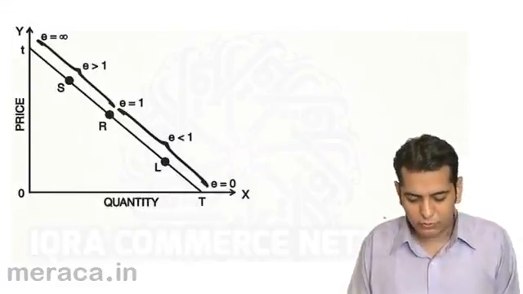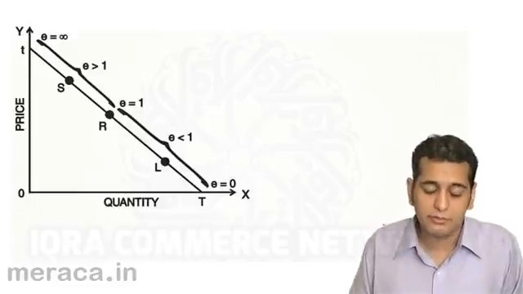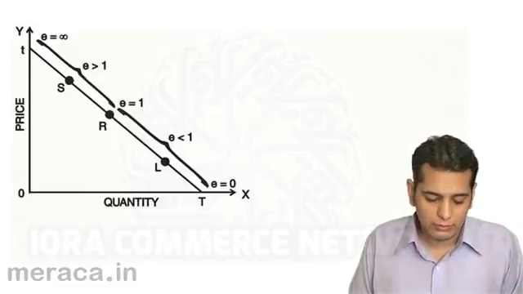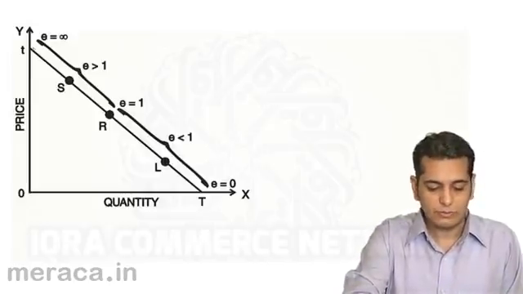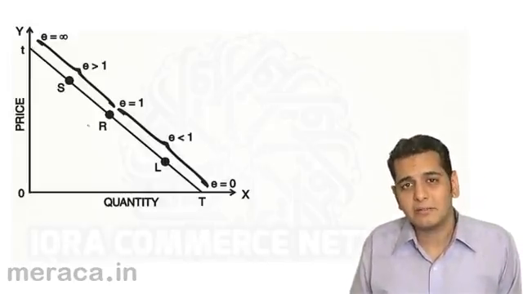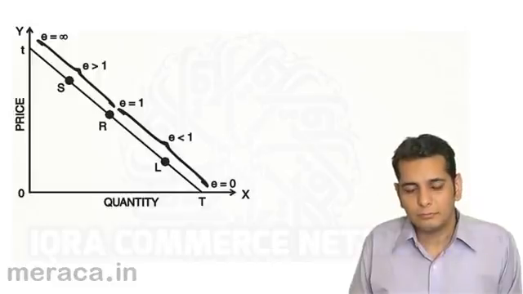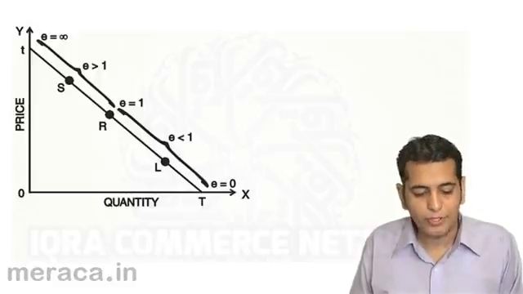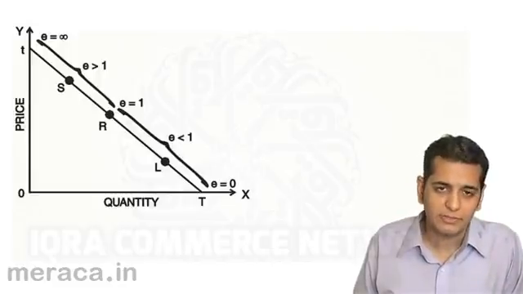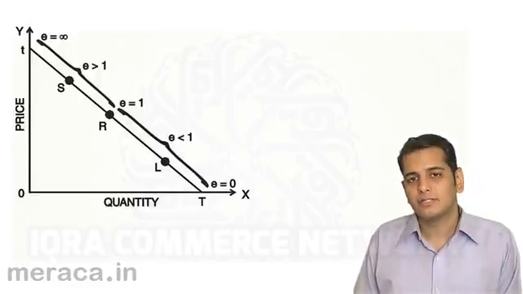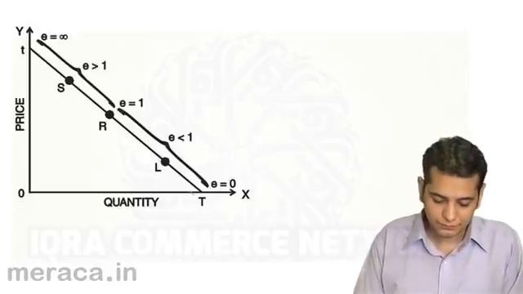Now let's take a look at this diagram. This again is a case where we have a straight line demand curve being formed by the points small t and big T. Small t touches the y-axis and the capital T touches the x-axis.